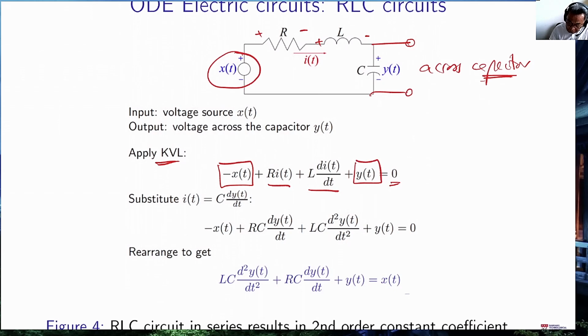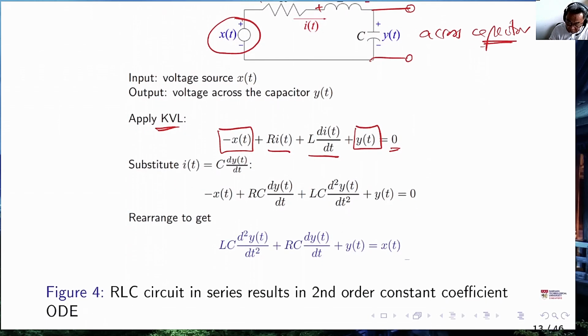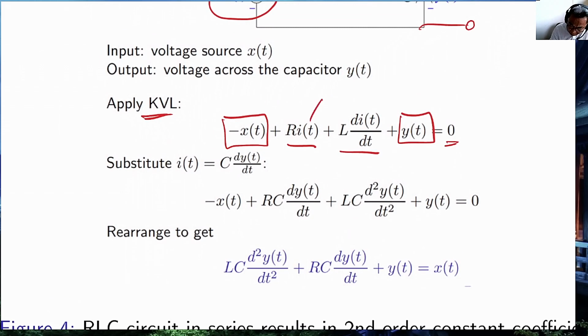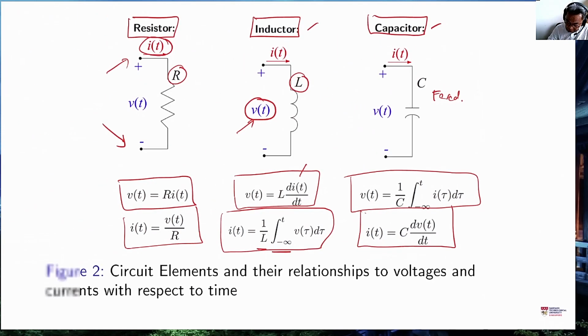Now what we want to do is generate a differential equation with y(t), dy/dt, and d2y/dt2. How do we do that? This is a trick. We want to change it into this. If you refer to the equation here, i equals C dv/dt. So we have this expression here.